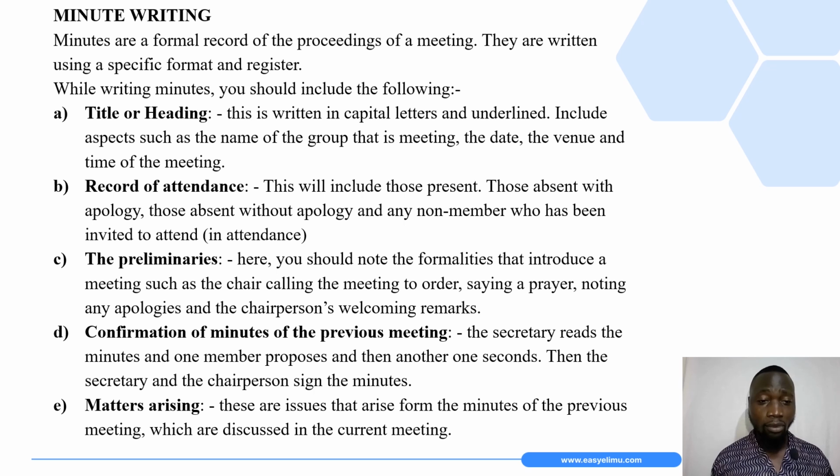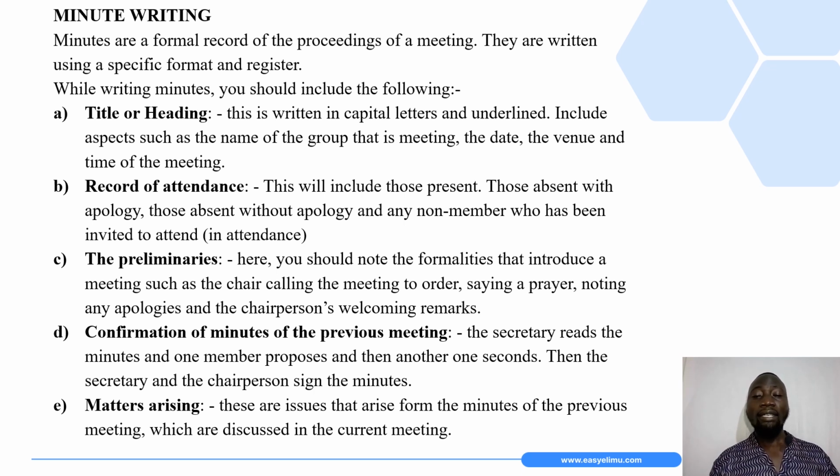Allow me to start by looking at the first element, that is the title. The title or heading, dear students, is written in capital letters and must be underlined. When writing the title, include aspects such as the name of the group, the name of the organization or the name of the club that is meeting, followed by the date.